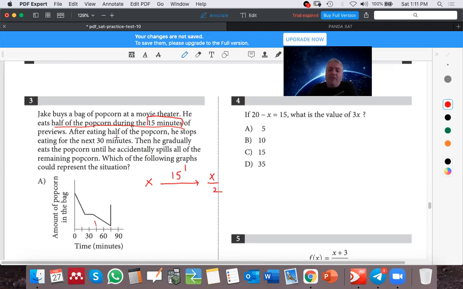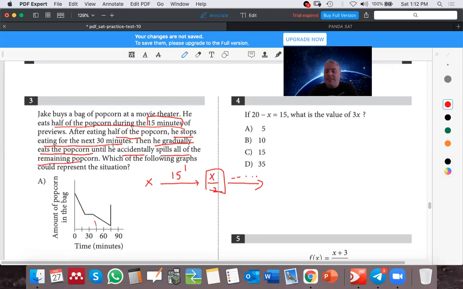After eating half of the popcorn, he stops, not eating anymore for 30 minutes. And then gradually eats the popcorn until he accidentally spills all of the remaining popcorn.